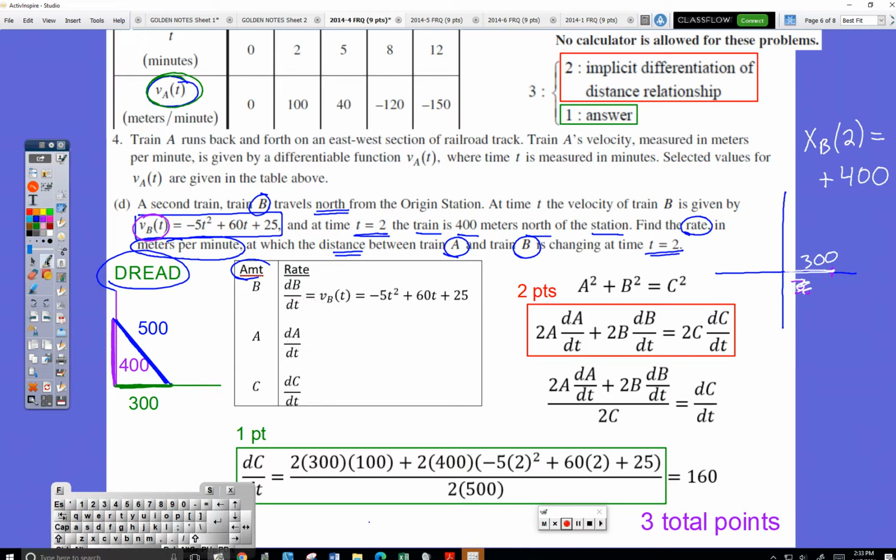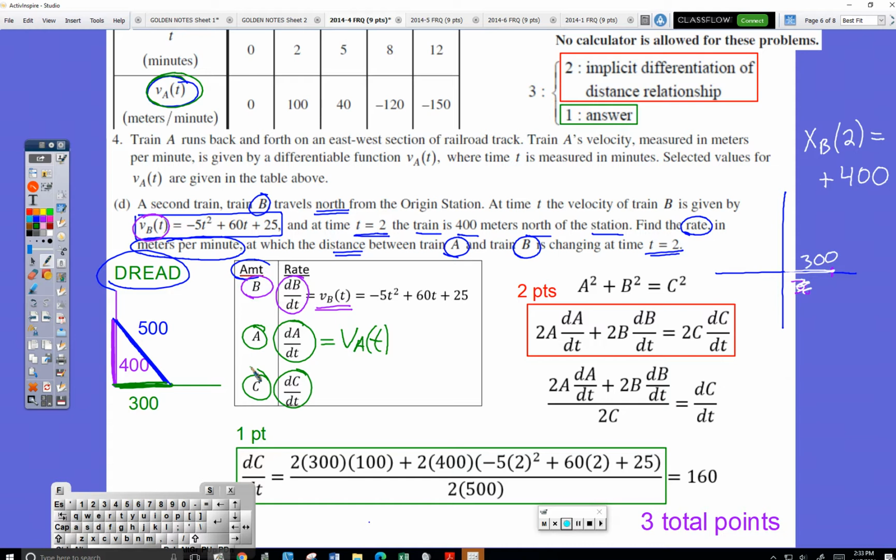So this purple distance, B, is changing at a rate of dB/dt, which is the exact same thing as the velocity of train B. Similarly, this distance A is changing at a rate dA/dt, and that's the same thing as the velocity of train A. We're supposed to find dC/dt.